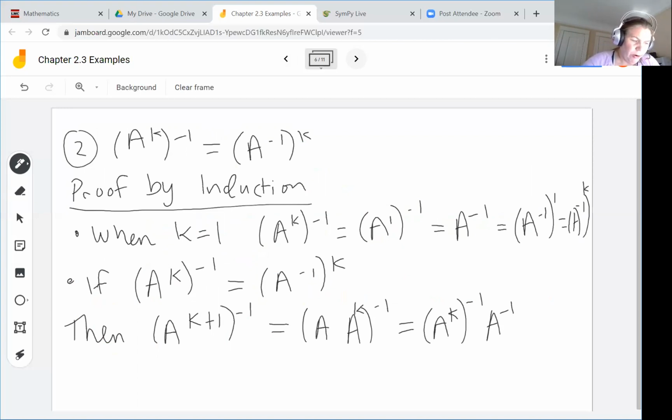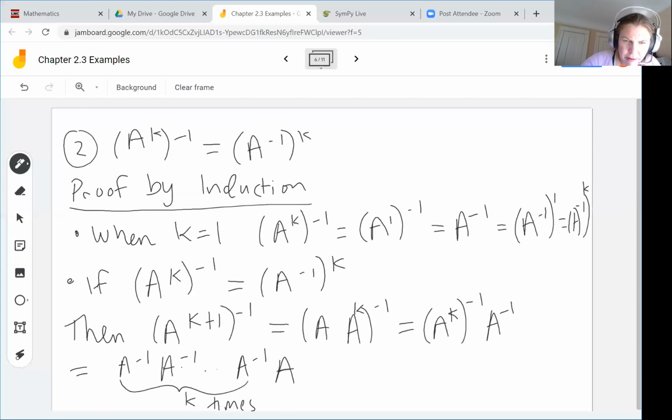And then we know this is just A to the negative 1 k times, multiplied by A inverse.